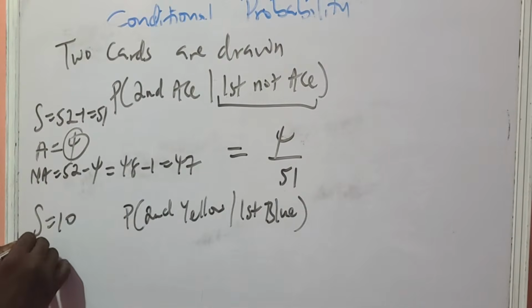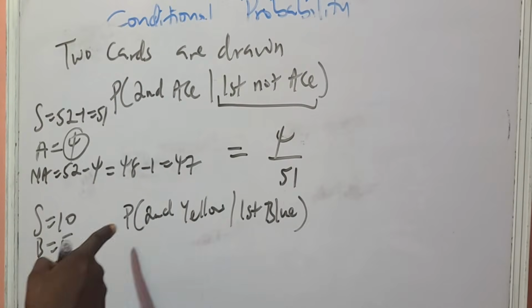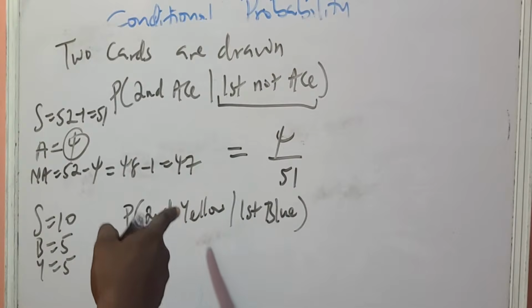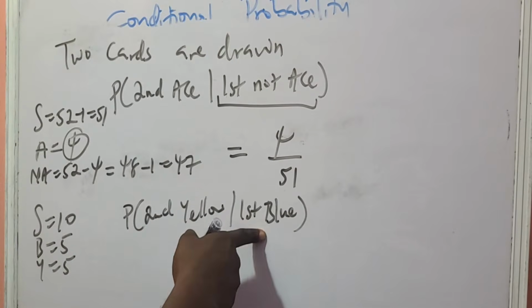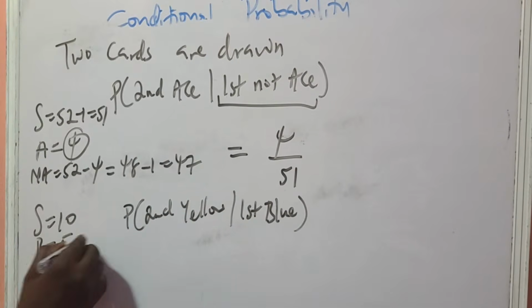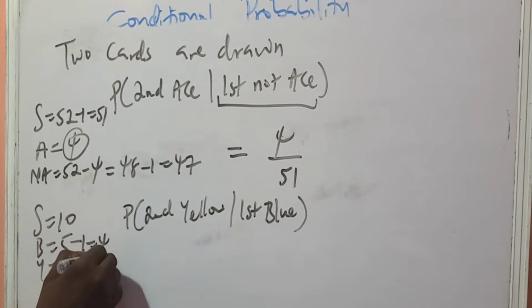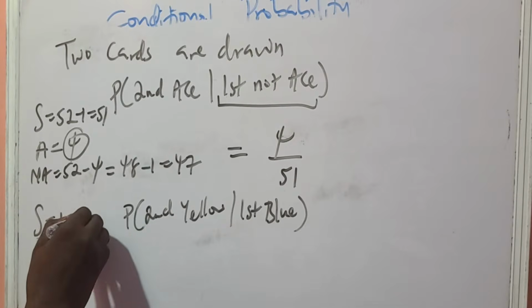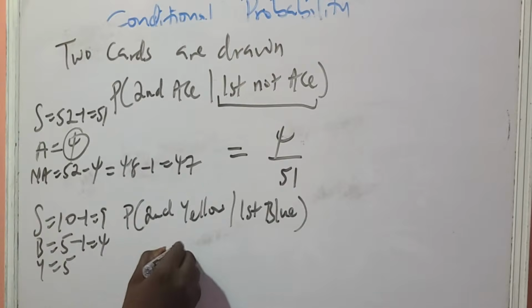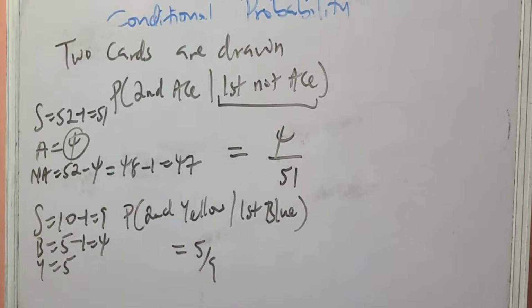You have already picked 1 blue, so you're left with 4 blue. The sample space we also reduce by 1. So the second being yellow will be 5 over 9. And you see how very interesting this is. It's all about being focused.